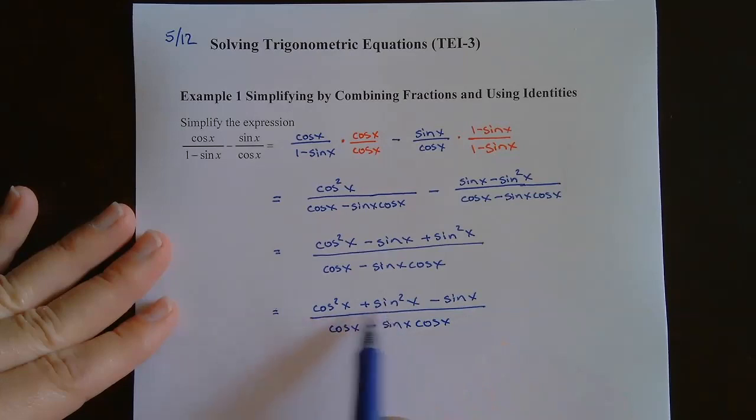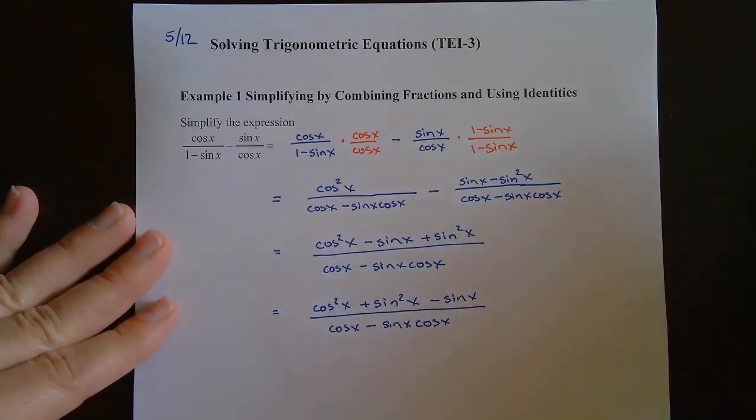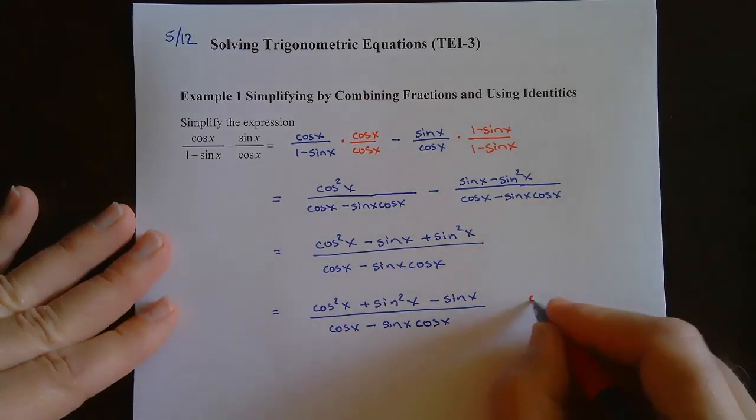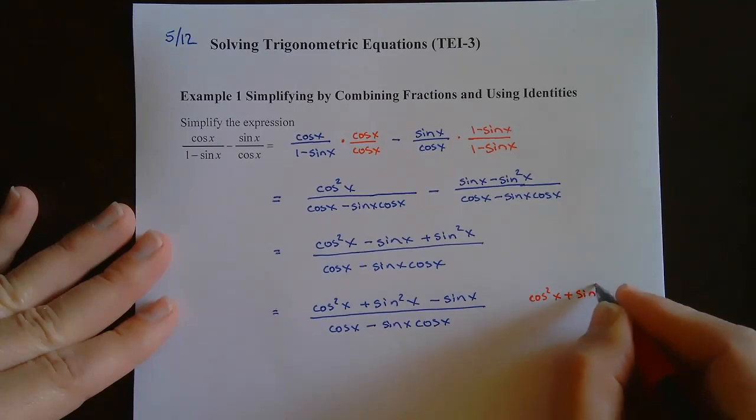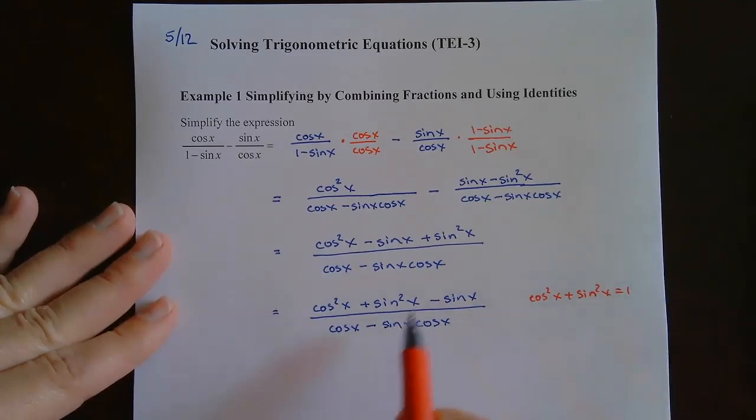These two make 1, right? Because cosine squared x plus sine squared x is equal to 1. That's from yesterday, right? So I'm going to write that off to the side here. Cosine squared x, I'm using this identity, plus sine squared x is equal to 1. So this can be swapped out with 1. So this is equal to 1 minus sine of x.